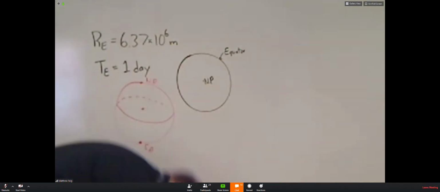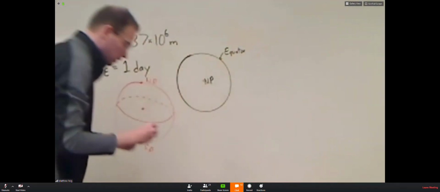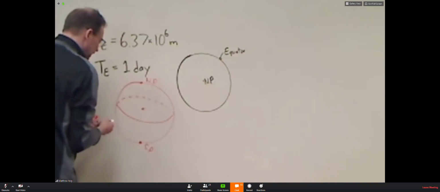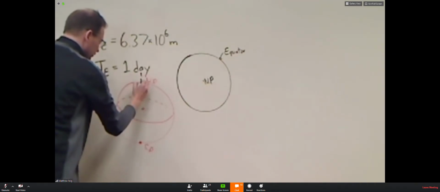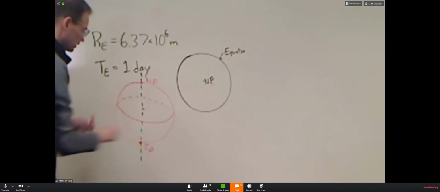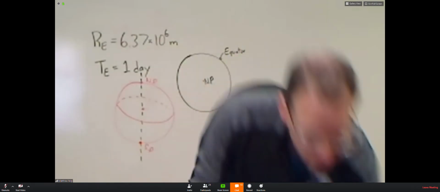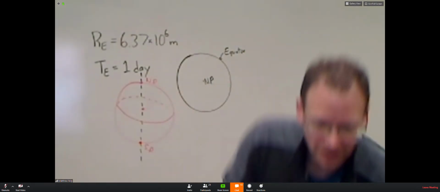Whoop. The cap is running away from me pretty effectively. And then I'm going to draw the axis of the Earth like this. Okay, and then the equator is this red band here. Let me take a look at that. It's not too bad.